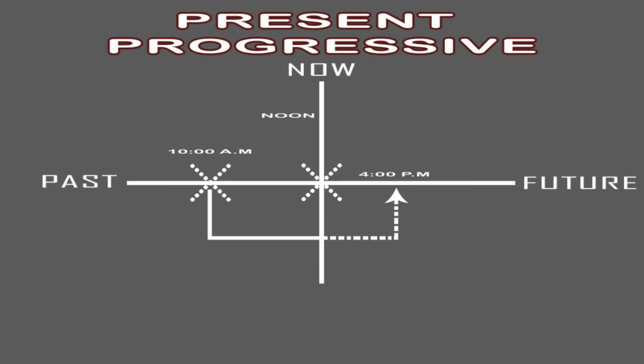Right now it is noon, and I will probably finish working at 4 p.m. So I started the action in the past. It is still in progress at present, and it will probably finish in the future. That is an ongoing action.